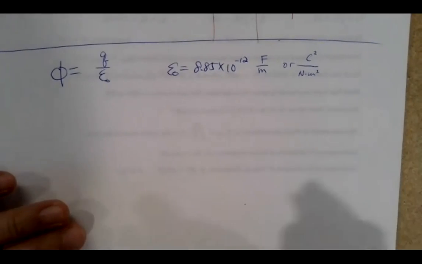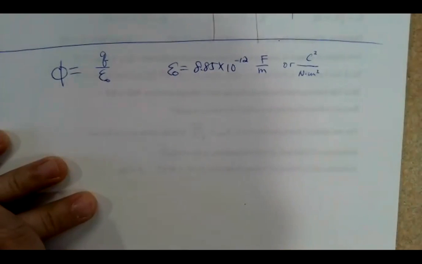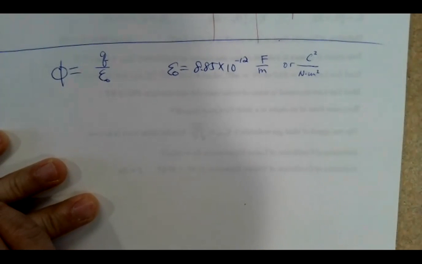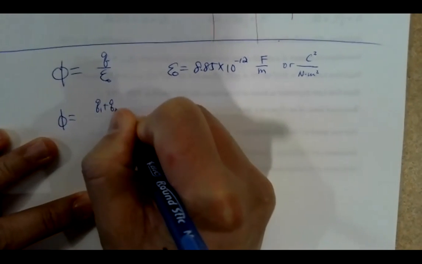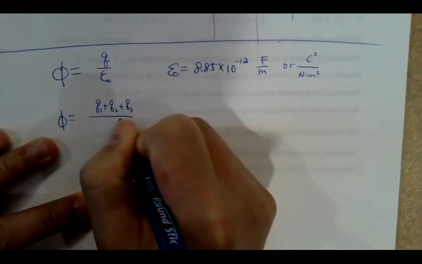This time you actually have 3 Qs, so you need to add them up. The flux will be equal to Q1 plus Q2 plus Q3 over epsilon naught.